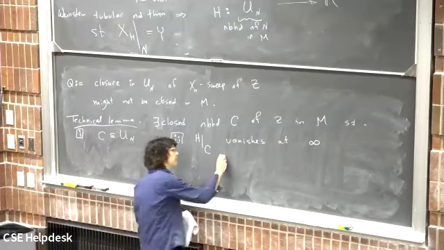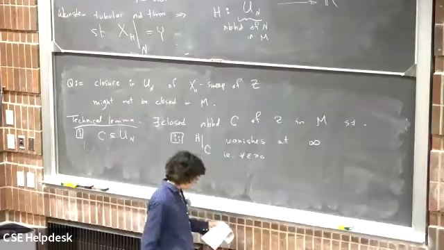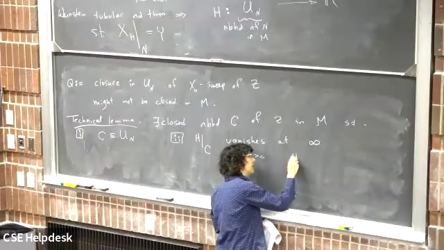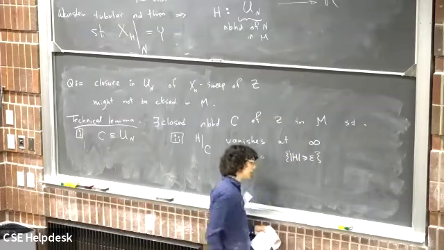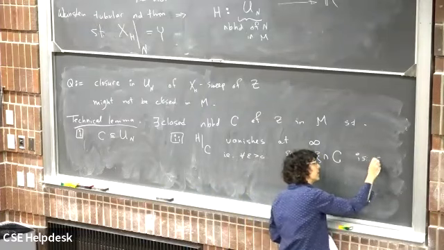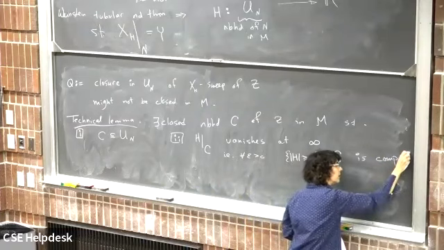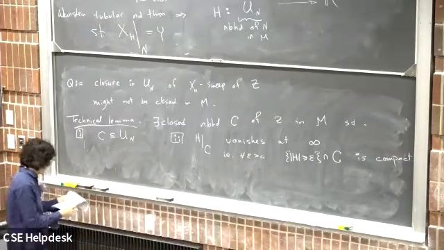What does that mean? It means that for every positive number epsilon, the set where the absolute value of the function is greater than or equal to epsilon inside our closed set is compact. That requires a cautious choice of this closed neighborhood.